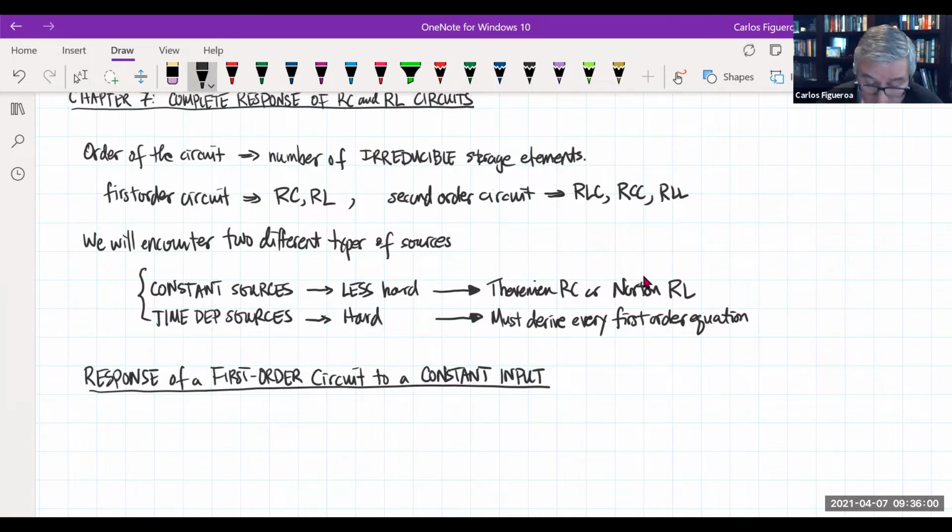And so what I'm going to start with is an RC circuit. So what do I know? So here's what we're going to do here.